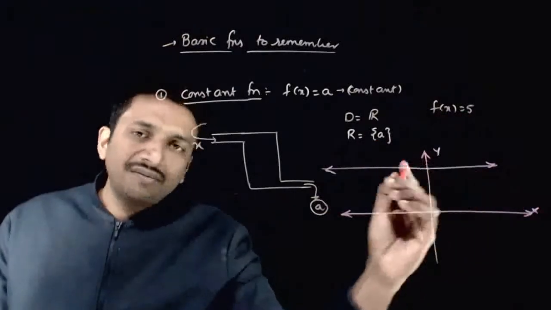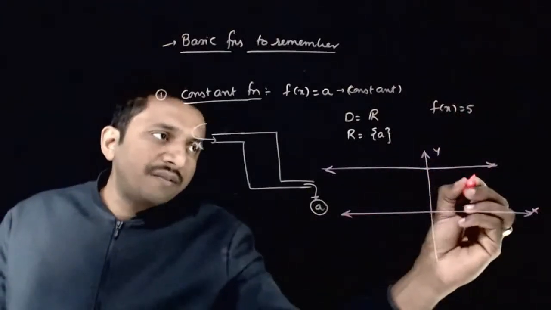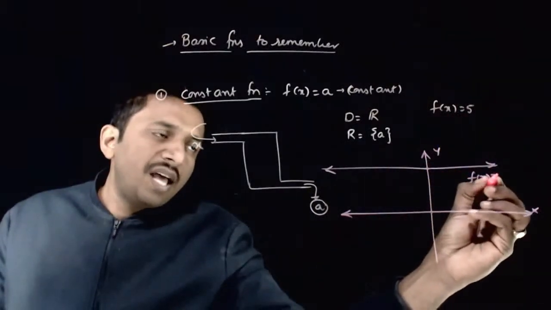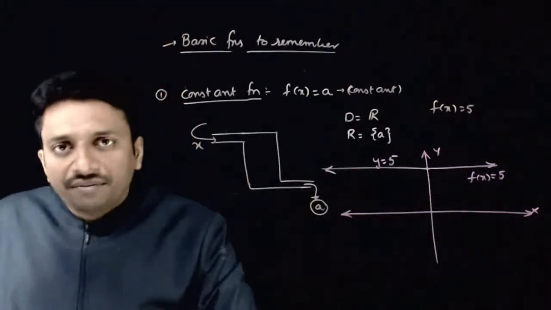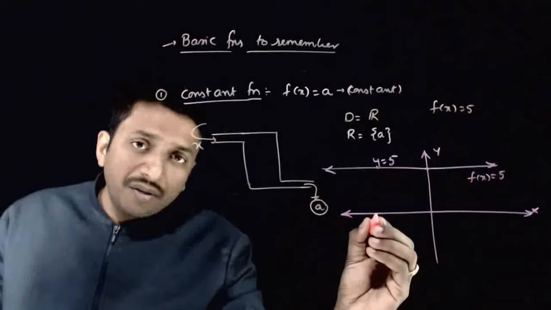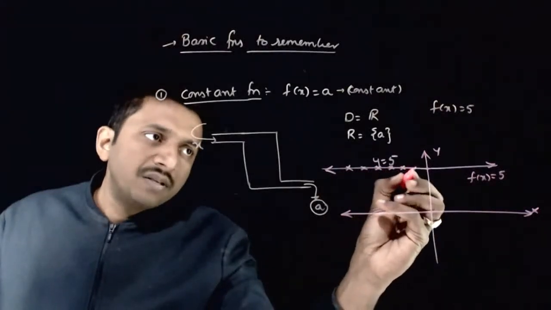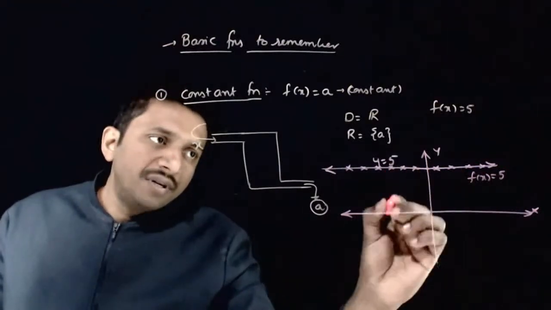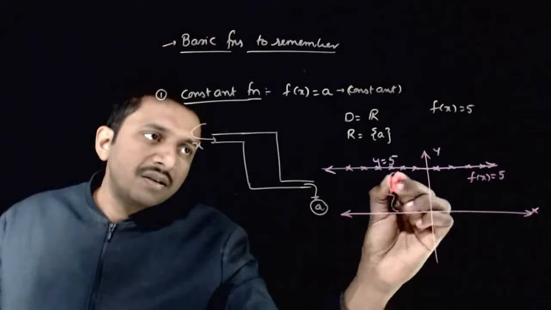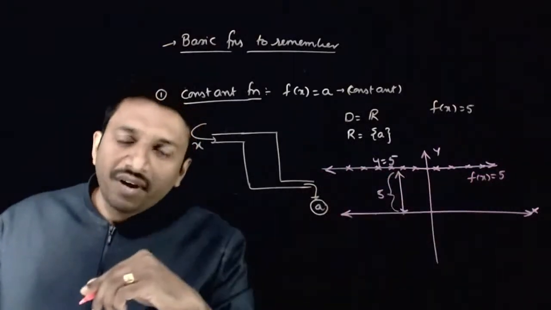If a is negative, you get a graph below the x-axis. For example, f of x is equal to 5. This can be the graph of f of x is equal to 5, or simply y is equal to 5. For whatever the value of x is, y is always equal to 5. So you get a horizontal line at a distance of 5 units.